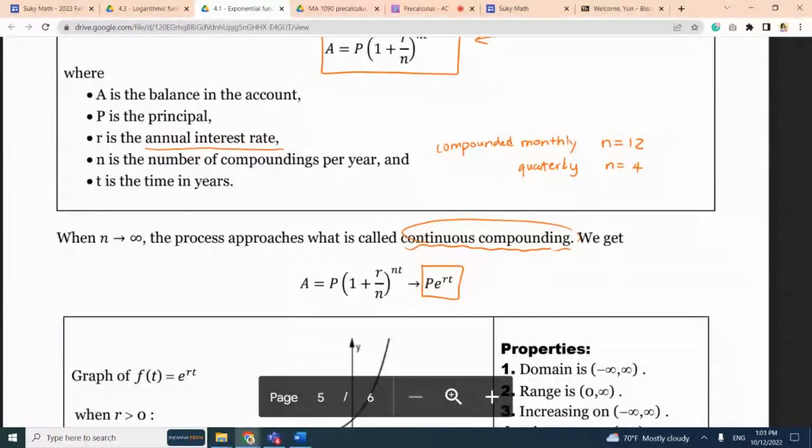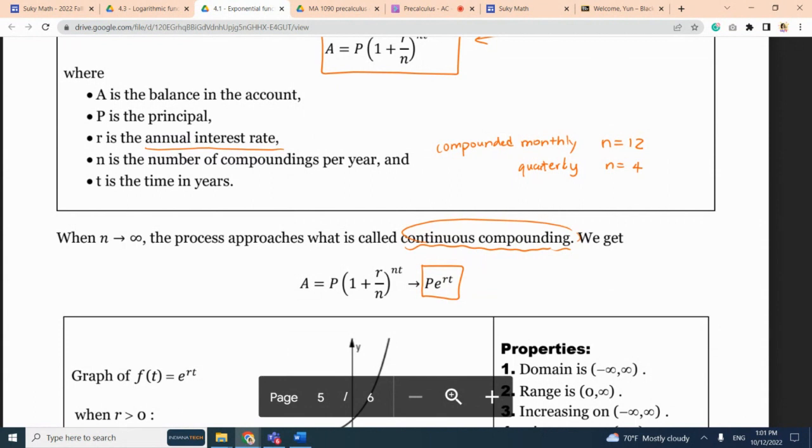And N over R, that is x. And then times RT. Okay, times RT is also the same as you have this guy raised to the power of RT.